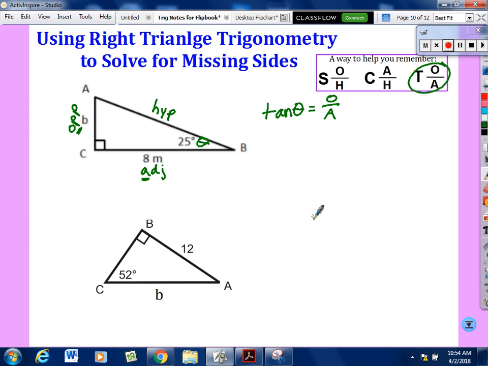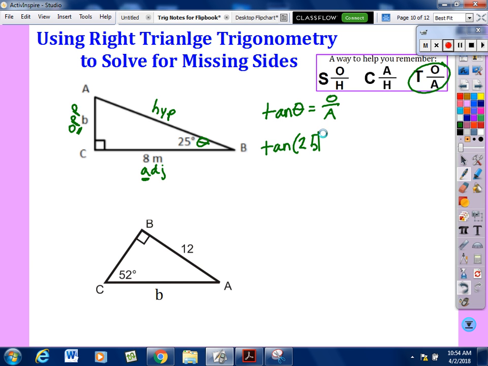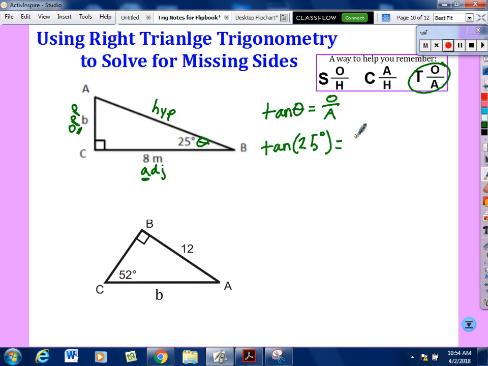And then you plug in what you know. In this case, our theta is 25 degrees. So I can write tangent of 25 degrees is going to equal O over A. Opposite in this case happens to be my unknown, so you can put a lowercase b. My adjacent is the 8.